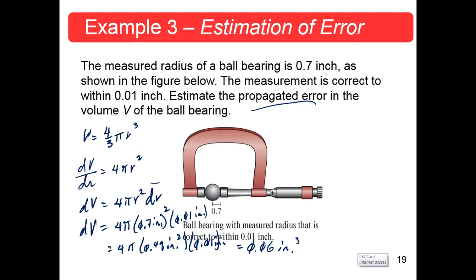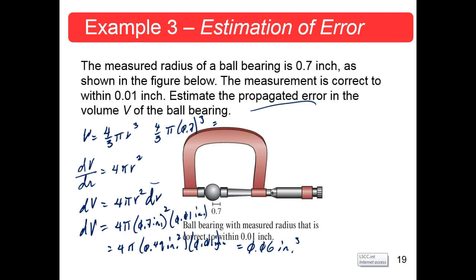It's pretty close, okay? Now, they don't say find the actual, okay? But if you did do it, let's do with the measured would be 4/3 pi times 0.7 cubed. Give me an answer for that. I left off the inch.